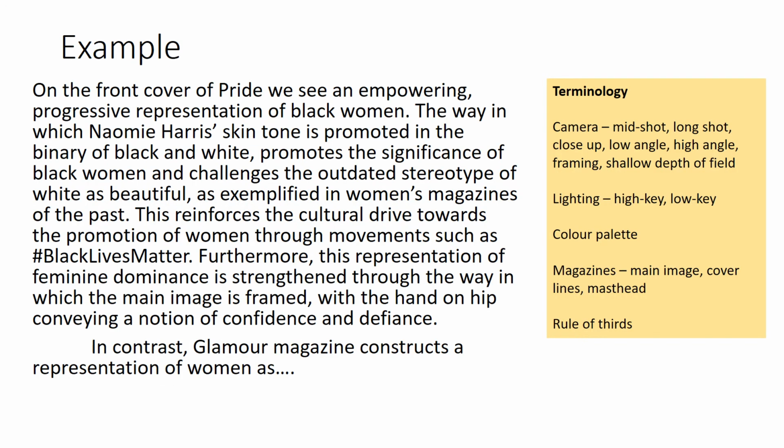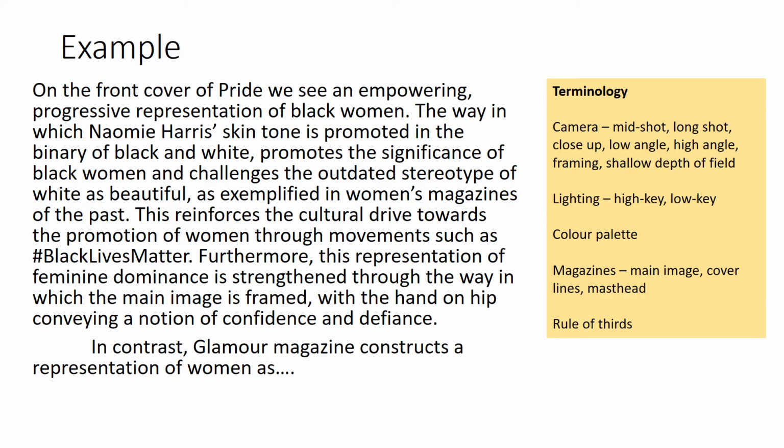So if we have a look at an example here then, on the front cover of Pride we see an empowering progressive representation of black women. Straight away it's very clear that I'm answering the question. I'm talking about representation straight away. Now comes my example. The way in which Naomi Harris's skin tone is promoted in the binary of black and white promotes the significance of black women and challenges the outdated stereotype of white as beautiful as exemplified in women's magazines of the past.